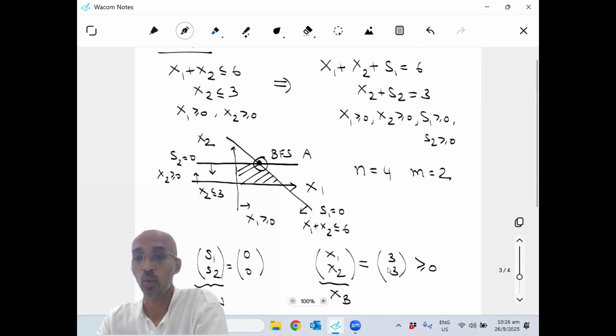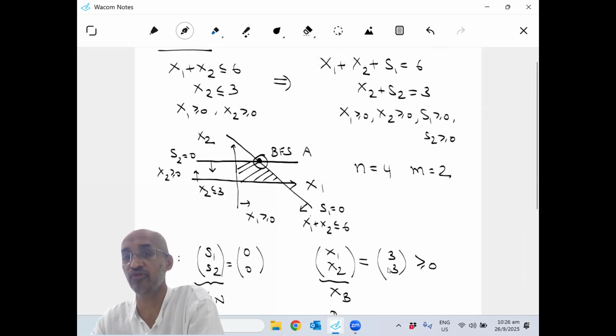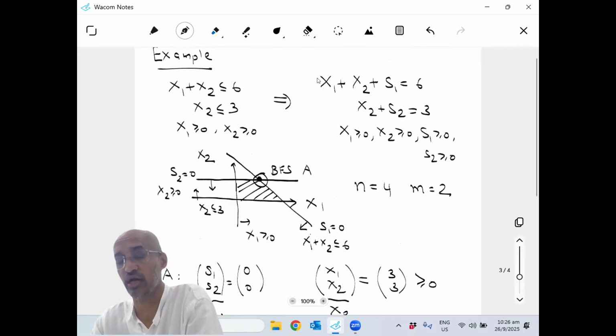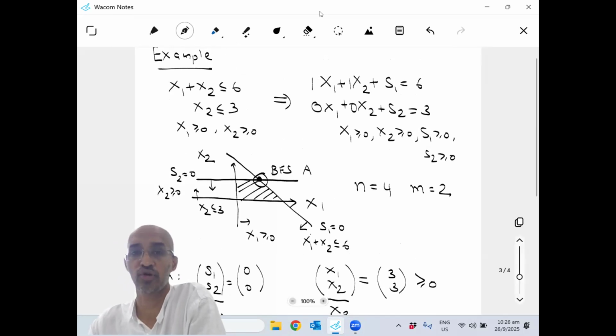Okay. What is the basis matrix? The basis matrix is simply the matrix formed by the columns of the basic variables in the A matrix. So the columns here are 1x1, 0x1, 1x2, 0x2. So my basis matrix will be... sorry, this should be 1, 1, 1, 0, 1.